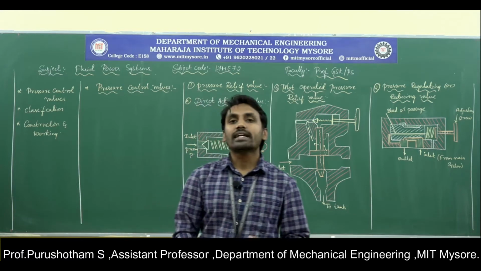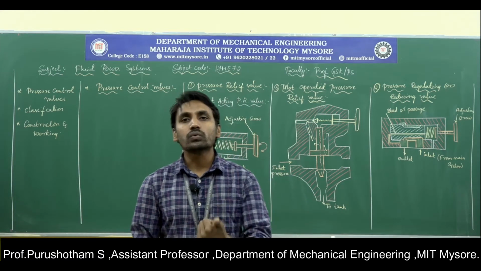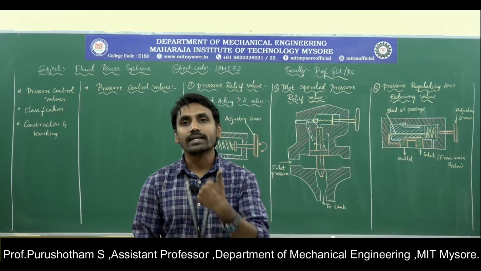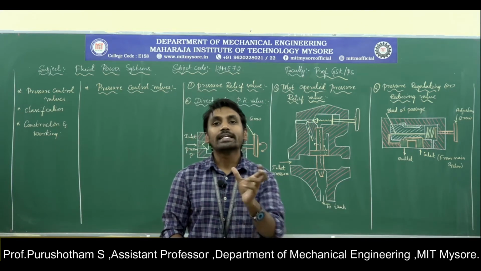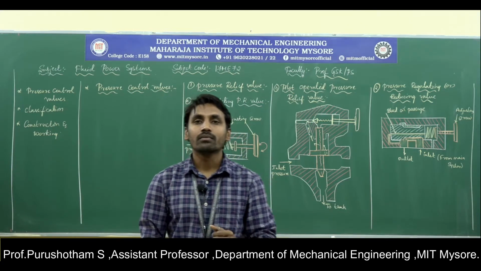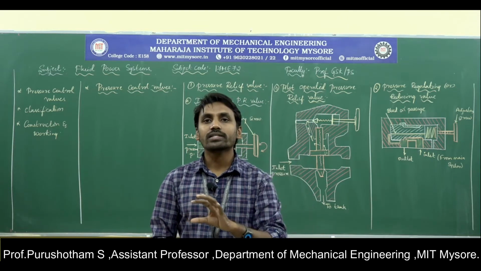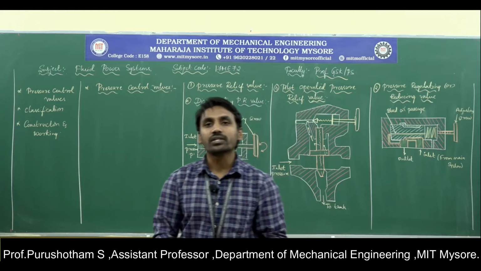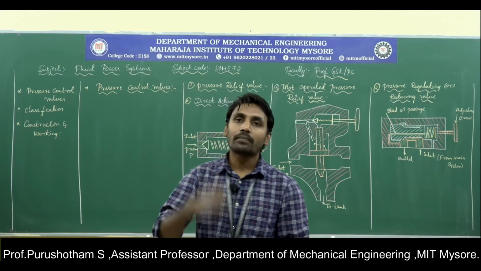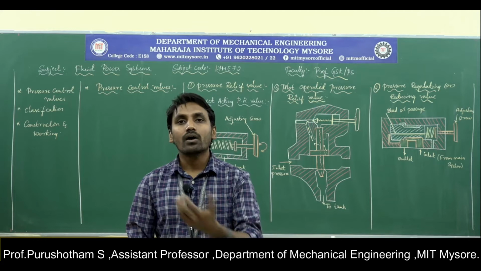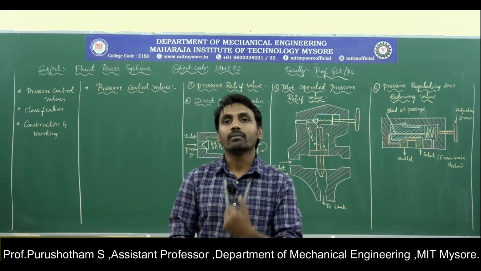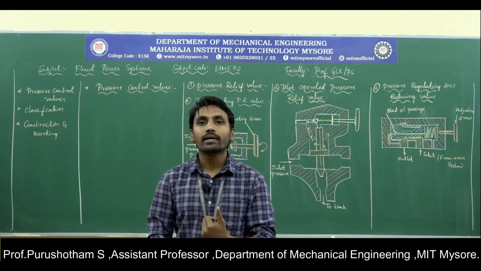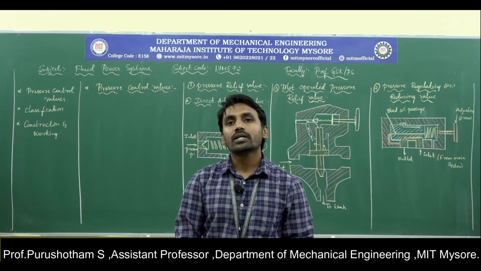The second function is regulating or reducing the pressure of the fluid in any portion of the hydraulic circuit. In whatever portion of the circuit, we can regulate or reduce the pressure of the fluid using this valve. Then we can also unload pressurized fluid using this valve.